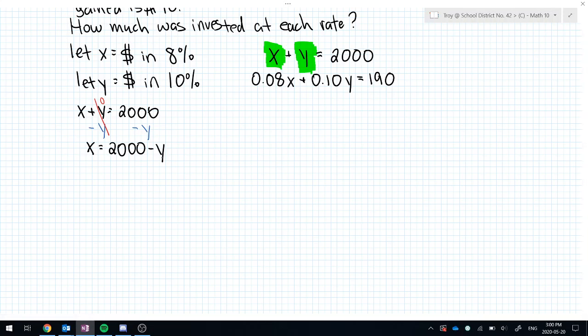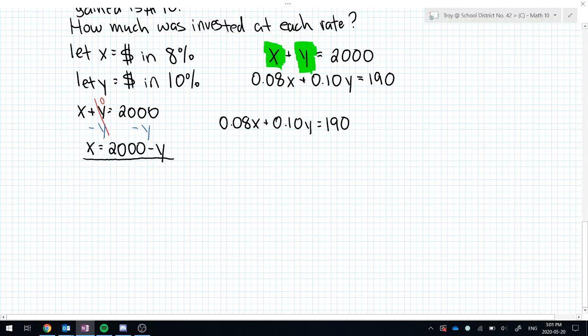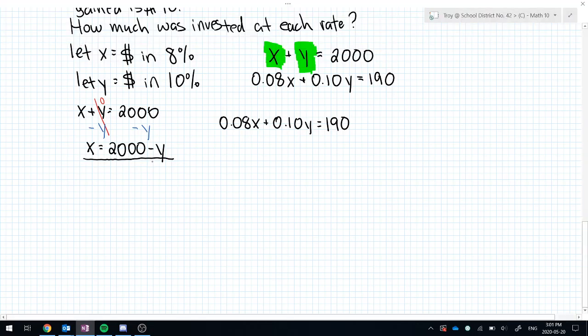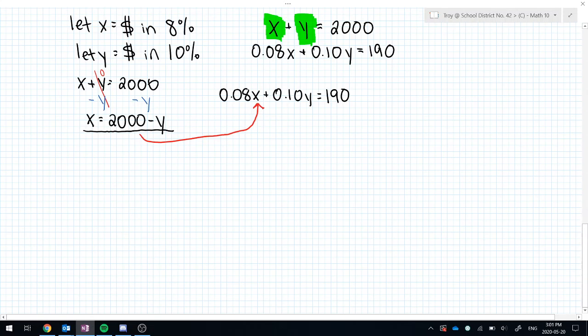So now I'm going to take my other equation, which is 0.08x plus 0.10y equals 190. And because what I have here says anytime I see x, I can write 2,000 minus y, and every time I see 2,000 minus y, I can write x. Well, I see an x right over here, so I'm going to change that x into a 2,000 minus y.